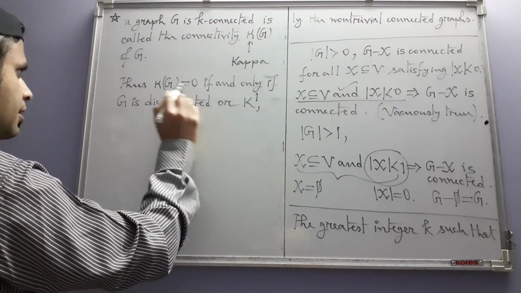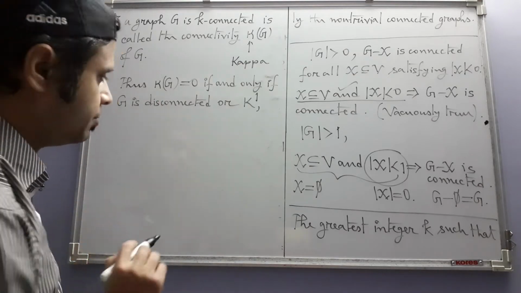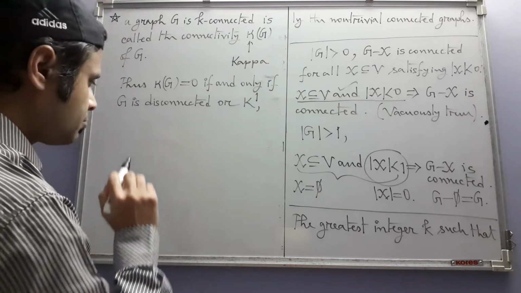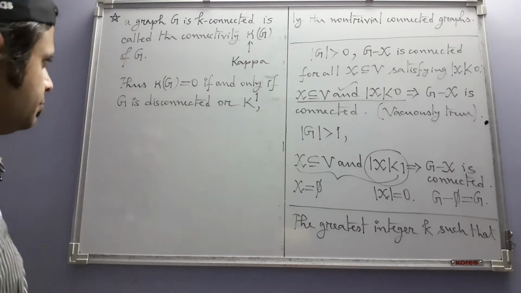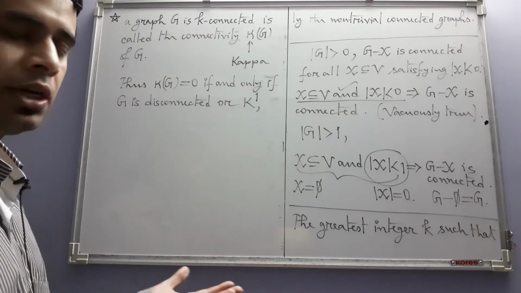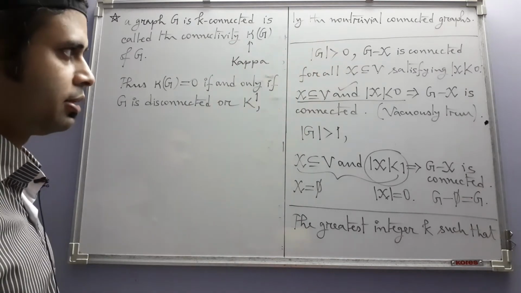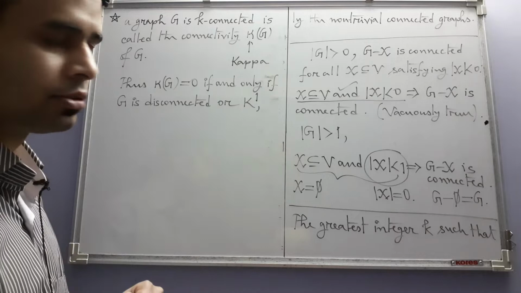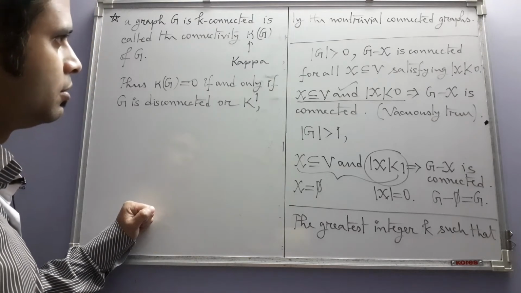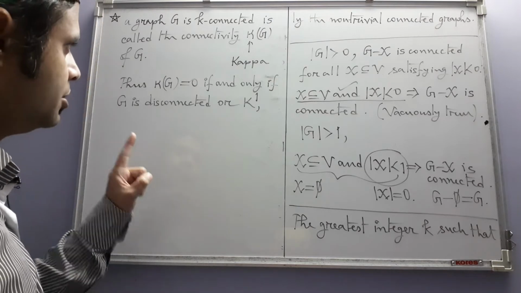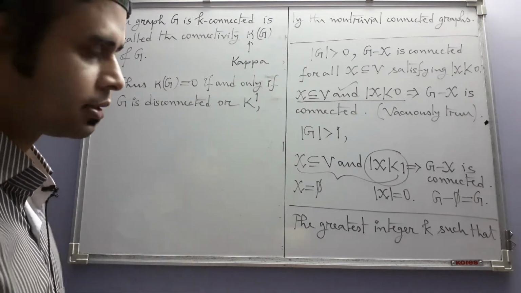First, assume that kappa of G is equal to 0. That means G is zero connected. So G is a non-trivial graph. Fine. G has more than one vertex. So these conditions are true. And at the same time, G is not one connected.